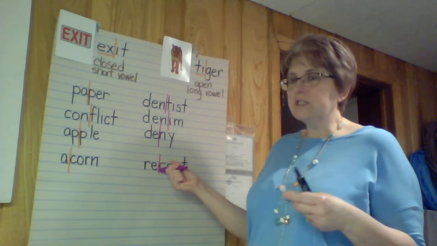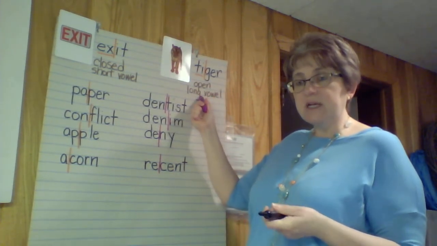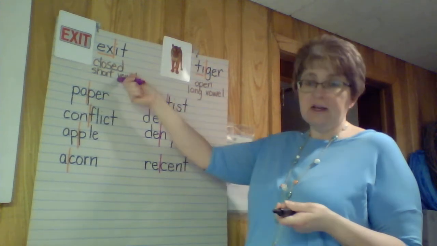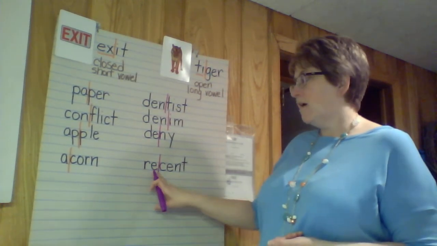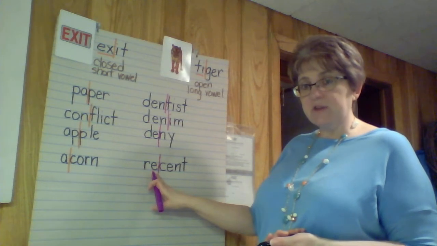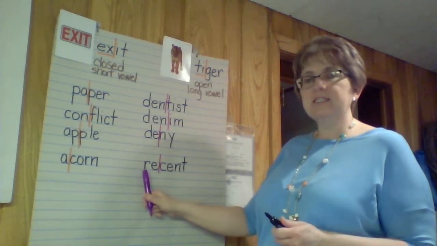That's one way I always try. I always try the long vowel sound first to see if it makes sense. If not, then I try the short vowel. Okay? So, I have my first syllable ends with a vowel, so that means it's going to make a long sound. So we're going to try it. Okay? Let's sound it out.